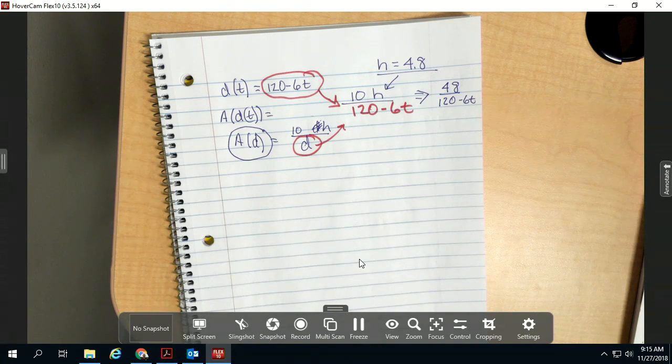Check your notes from yesterday. Is it a hole, or is it an asymptote? Is it removable, or is it non-removable? Can you factor something out of the top to get that to be removable? No, it's non-removable. It's an asymptote.